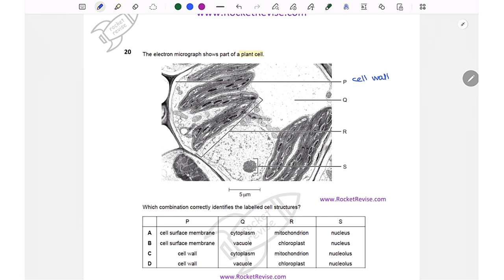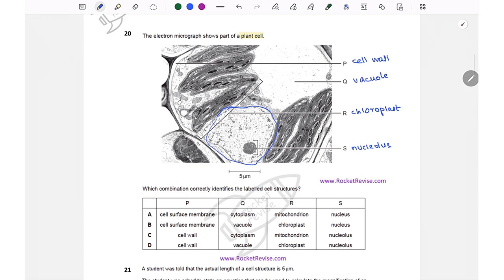Then you have Q. You can see plant cells have large permanent vacuole, so that looks like a vacuole. R is going to be your chloroplast. And S is, you can see this is the nucleus, and within the nucleus is your nucleolus.